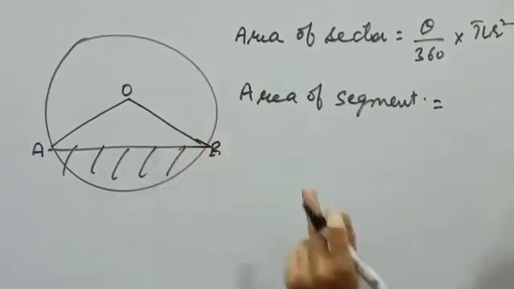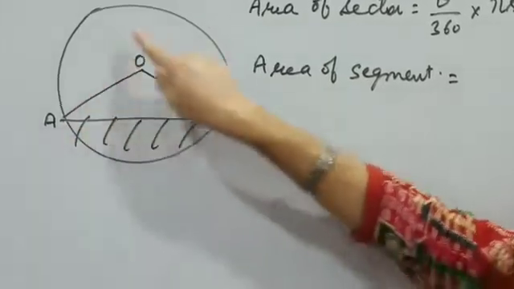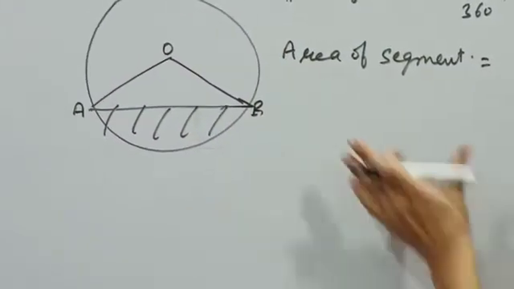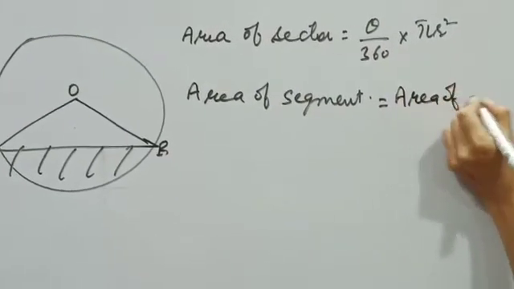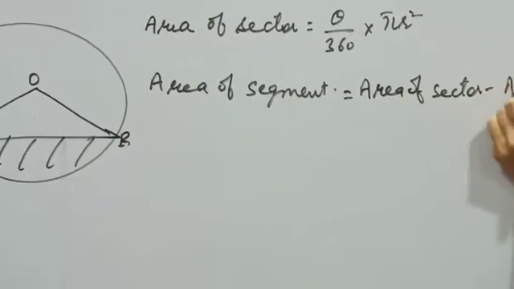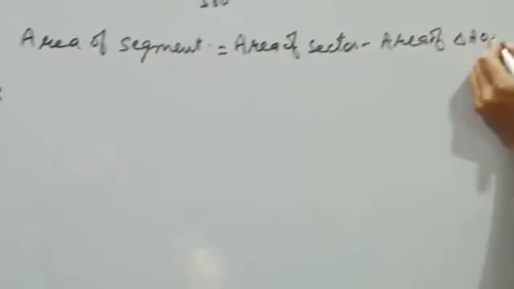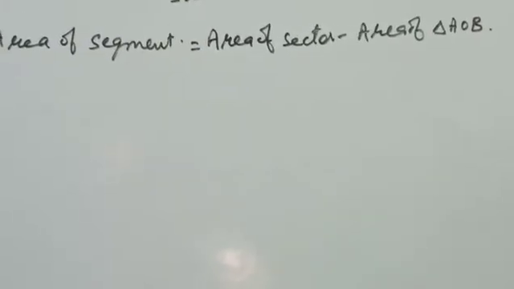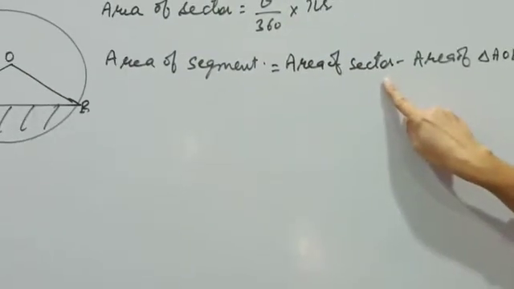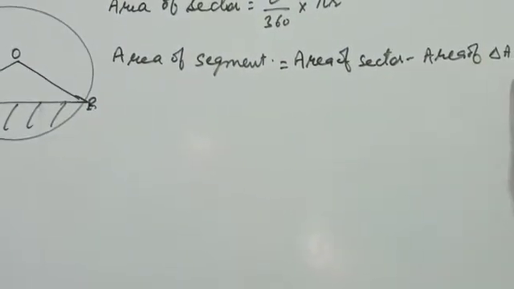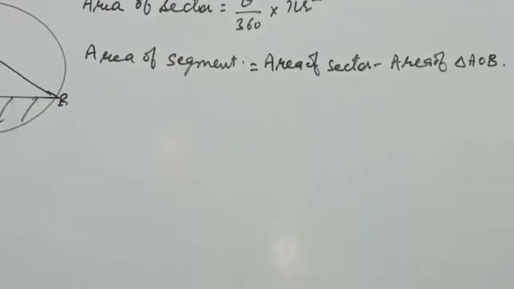So if we subtract the area of the triangle from the area of the sector, the remaining part is the area of the segment. So we can write: area of segment equals area of sector minus area of the corresponding triangle, here triangle AOB. Firstly we find the area of the corresponding sector, then subtract the included triangle, and the remaining part is the area of the segment.